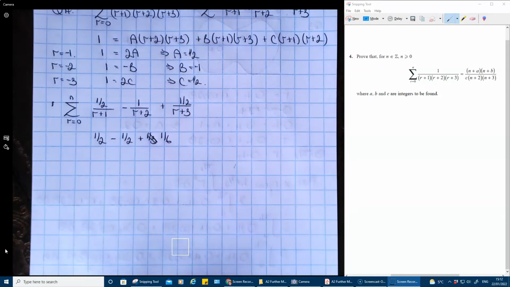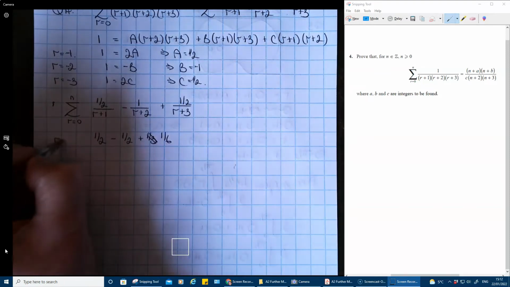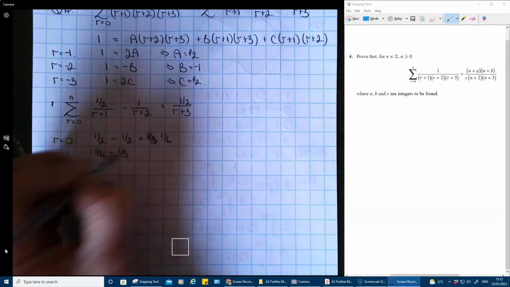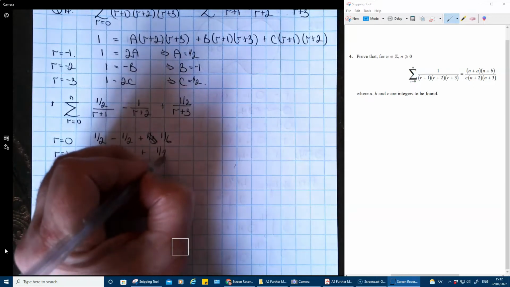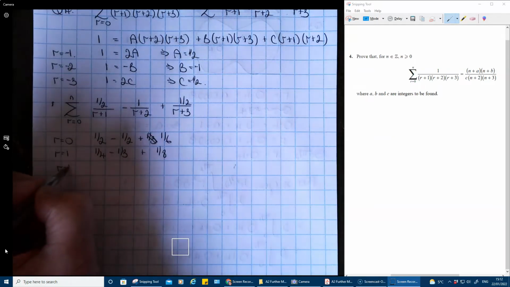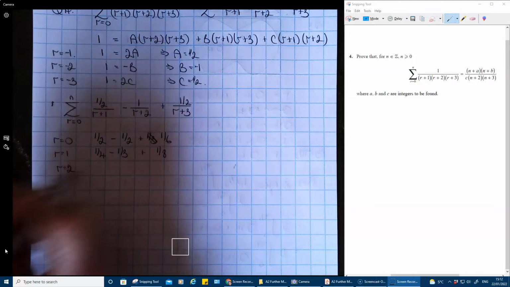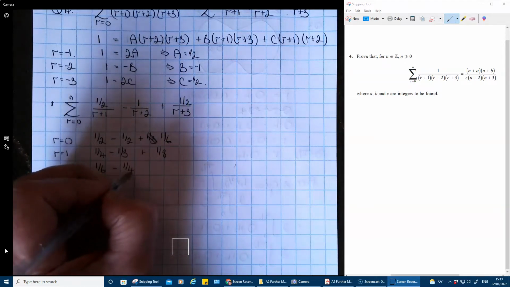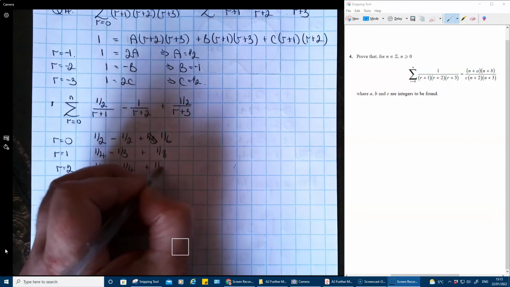Okay, that's r equals 0. I put r equals 1, I get a quarter, minus a third, plus an eighth. R equals 2, I get a sixth, take away a quarter, plus a tenth.